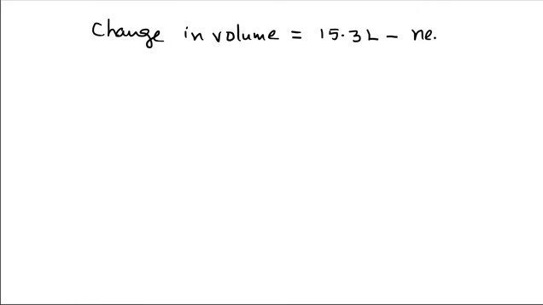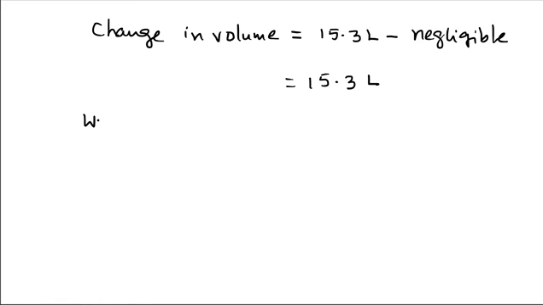Therefore we can say that change in volume is equal to the volume of the gas, 15.3 liters minus volume of the water, which is almost negligible. So that's going to be 15.3 liters.